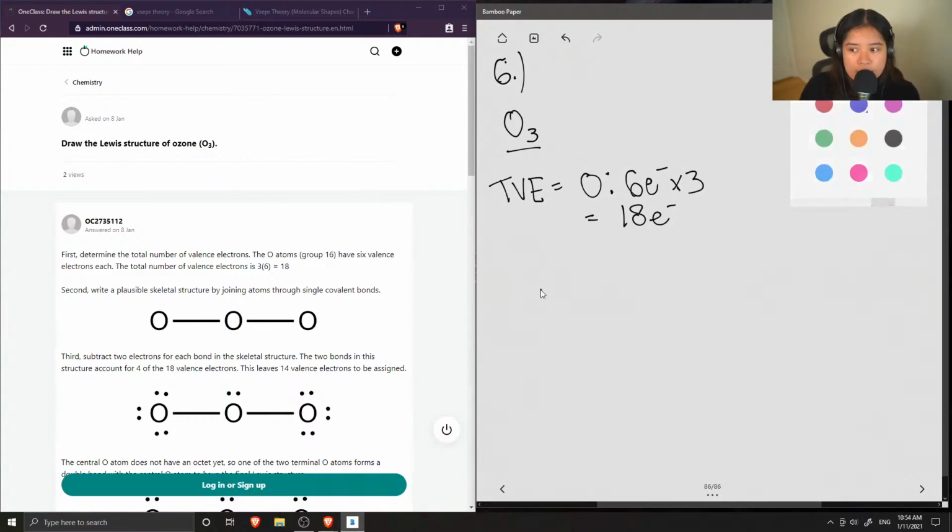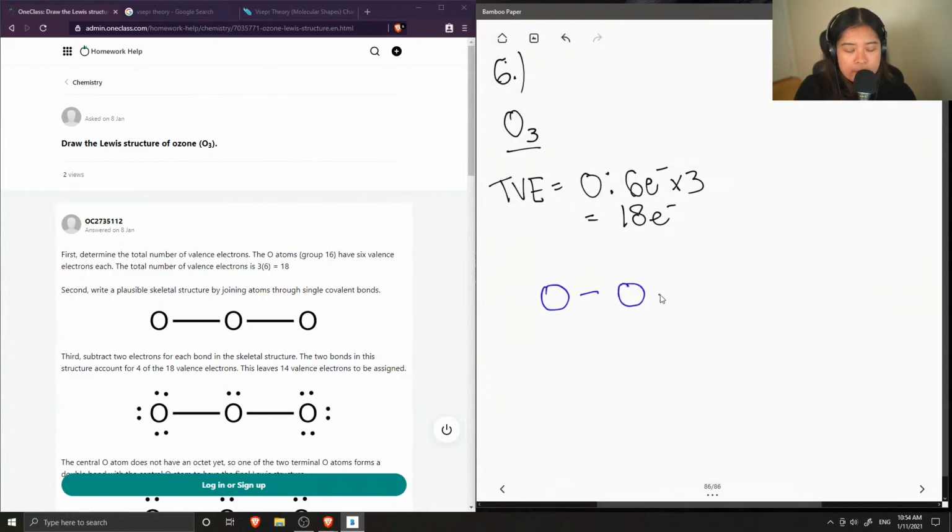So now I'm just going to draw all my oxygens in a row with just single bonds. And let's see what happens if I fill in all of the lone pairs.